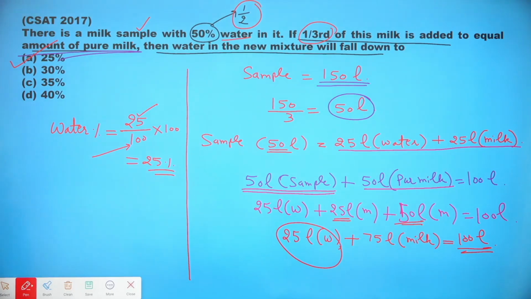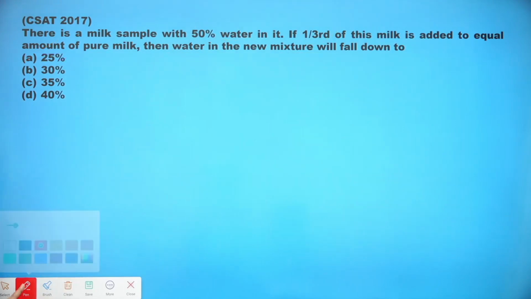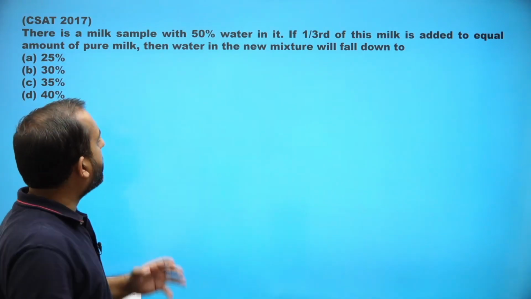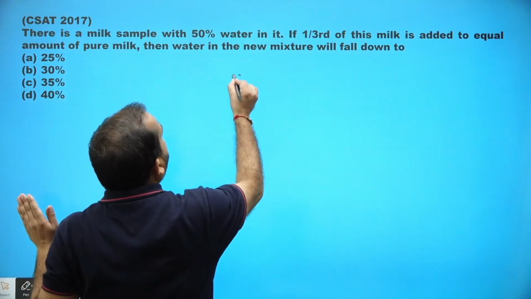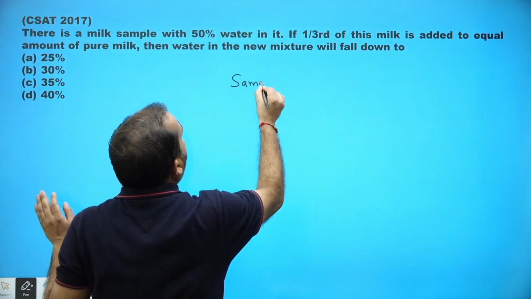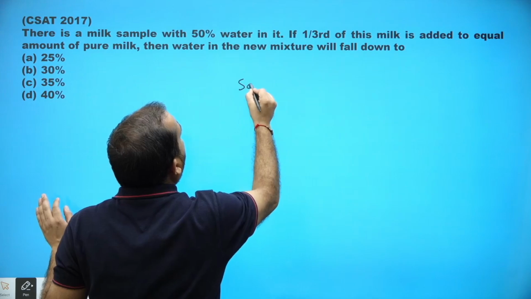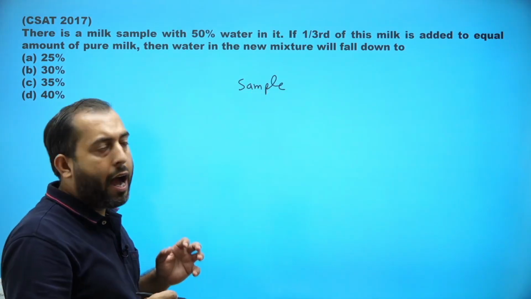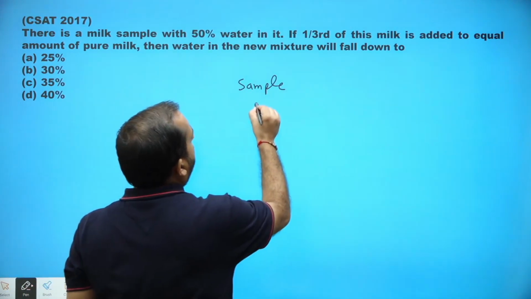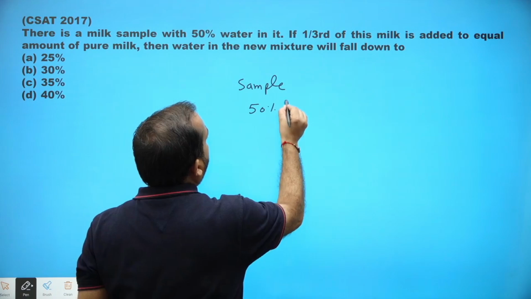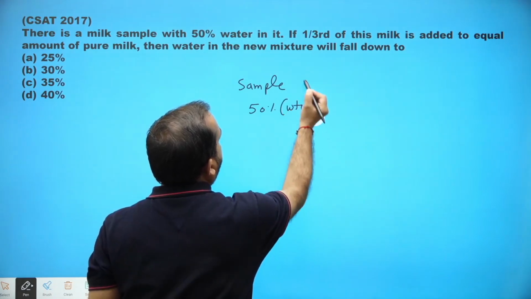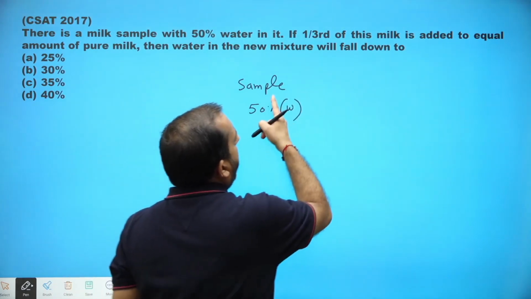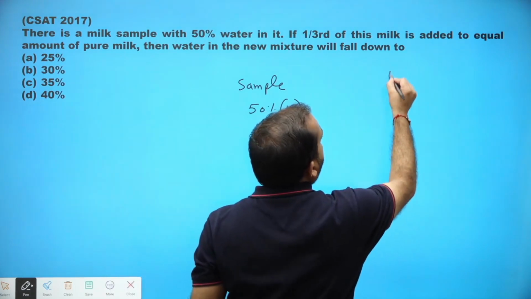Now we can solve this question with the help of alligation also. So we are having a sample, and in this sample 50% water is present. In this sample we are adding pure milk.